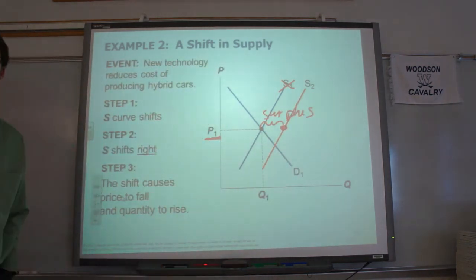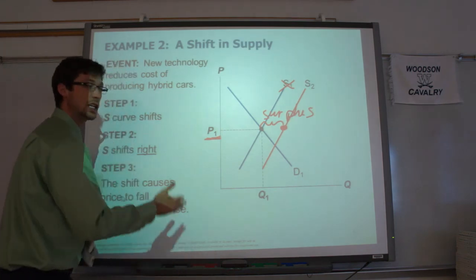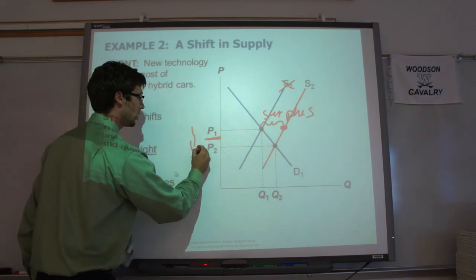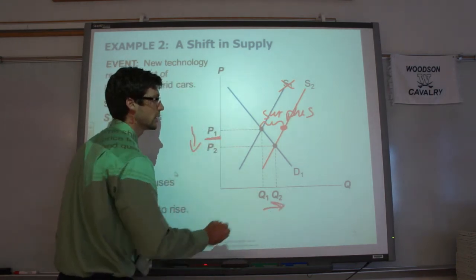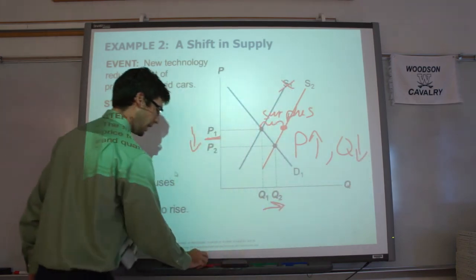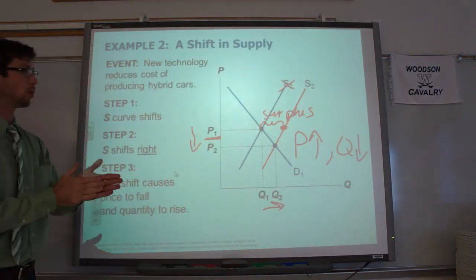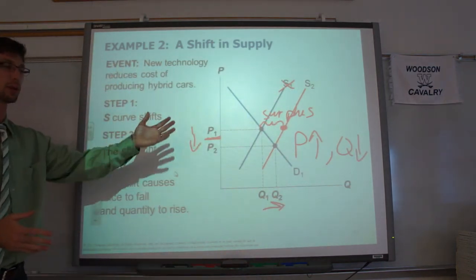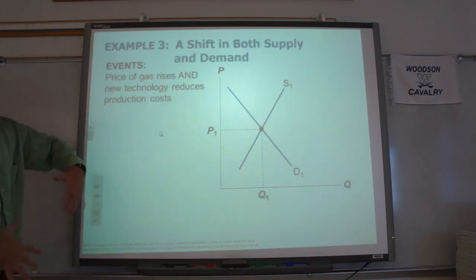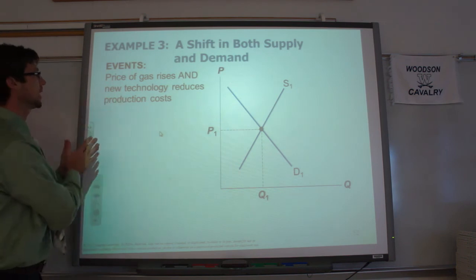Now, how in the world do we get rid of a surplus? The only way that we can is we reduce the price. And you can see it right here. Price goes down and we sell more units. P went down and Q went up. That's what we have to do for the College Board to prove that we can analyze supply and demand and talk about price changes.